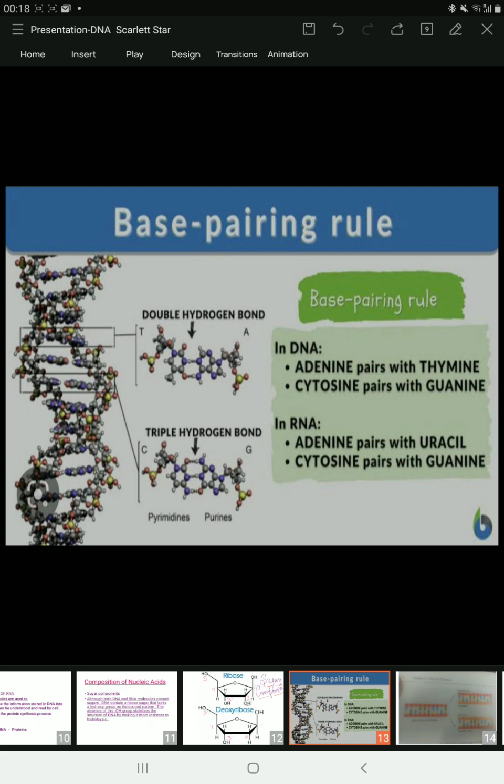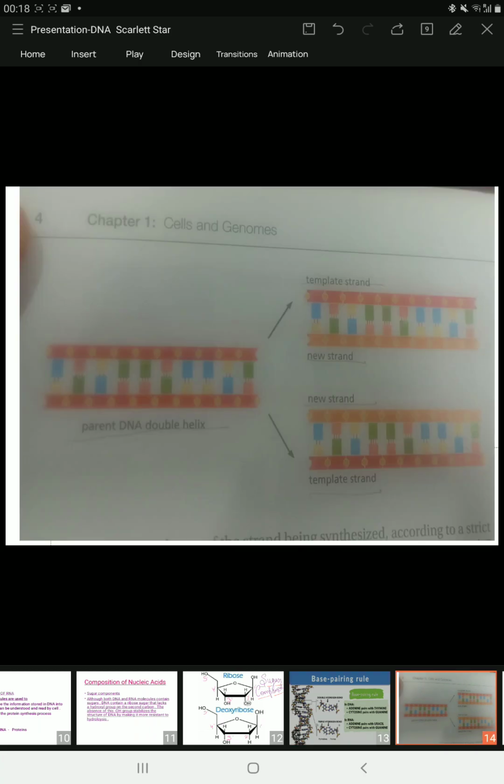So the base pairing rule, I have explained it already, and this is the parent DNA double helix, and this is the template DNA. Basically the template DNA comes from the parent DNA, and this is the new strand. The new strand is going to form according to the template strand.